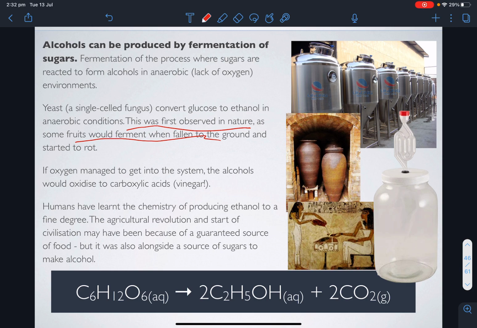So anaerobic, if oxygen gets into the system, what ends up happening is that instead the alcohol becomes oxidized. Alcohols becoming oxidized become ketones, aldehydes, and carboxylic acids.